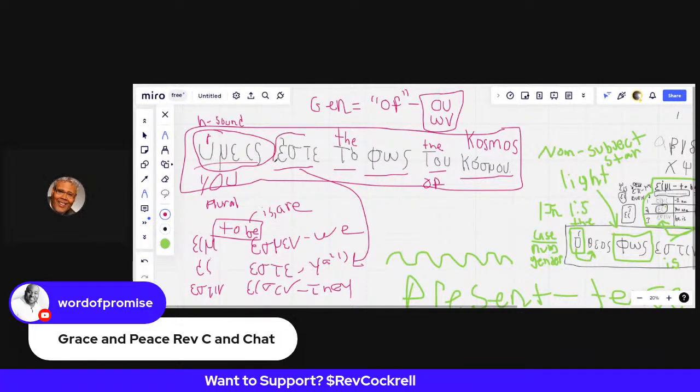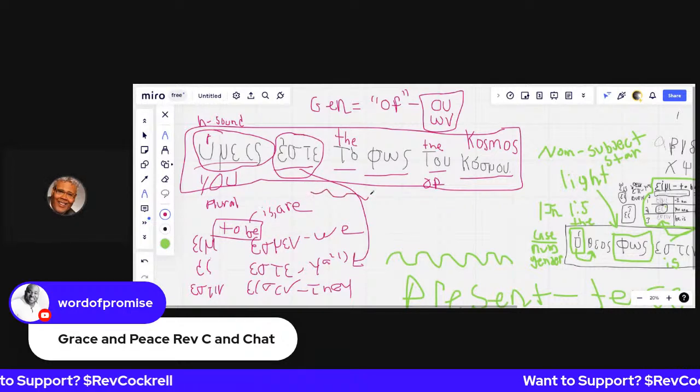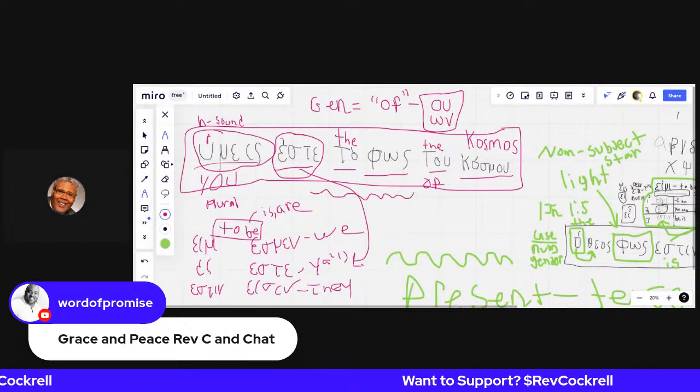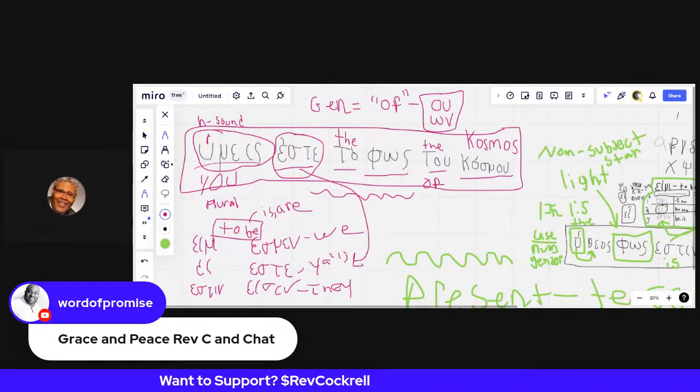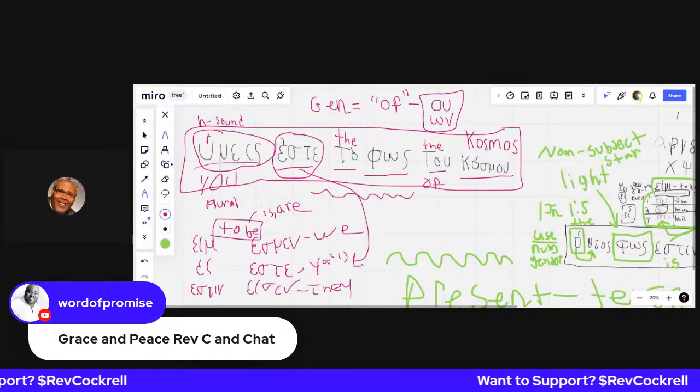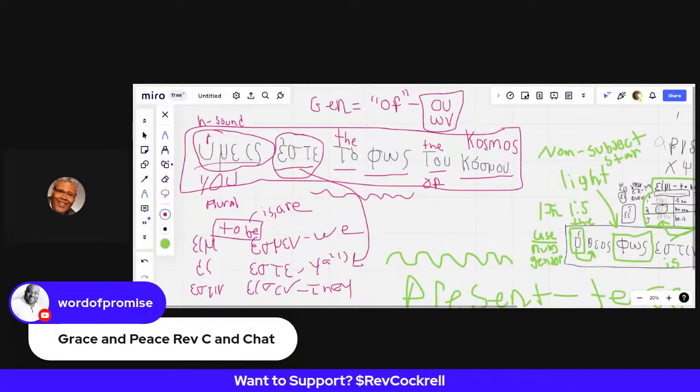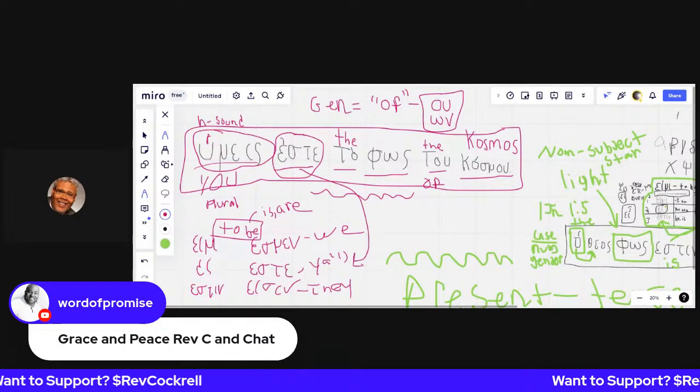Notice, this is a present tense verb. Y'all are continually the light of the world. As believers, we're not just light once in a while. We are to be continual lights of the world. I hope that makes sense.